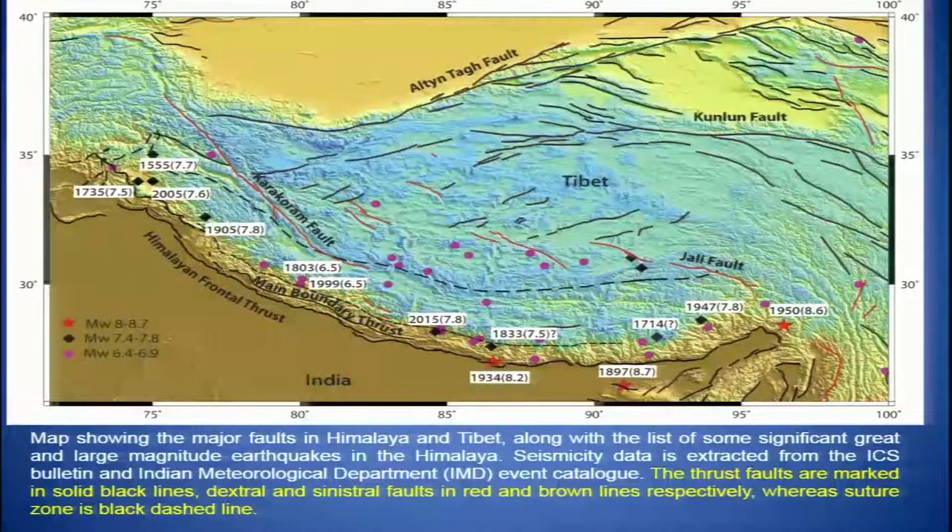These are all with magnitude 6.5, though it is again a question whether this earthquake was 6.5 or not. Then we have the 2015 Gorkha earthquake, another one here a couple of months later, again 2015, then 1833. That's what I was talking about, that this is historical event information, and 1934 and so on.